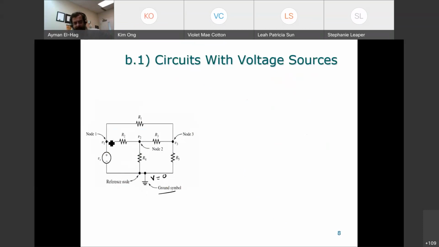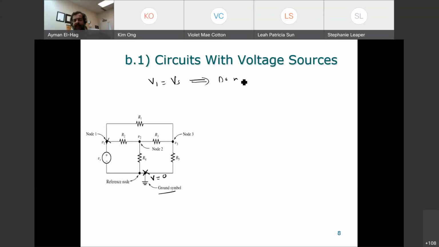V1 is the voltage between this point and the ground. And between this point and the ground, there is only one element, which is the voltage source. So basically, you can see clearly here that actually V1 is equal to Vs. In other words, V1 is given to us. We know its value. So this will lead us to a very important thing in Nodal.